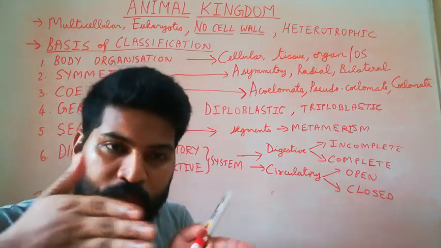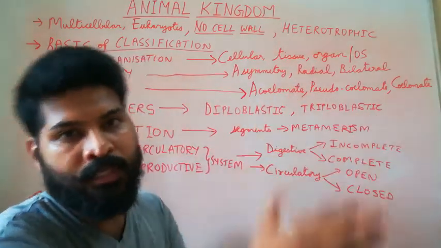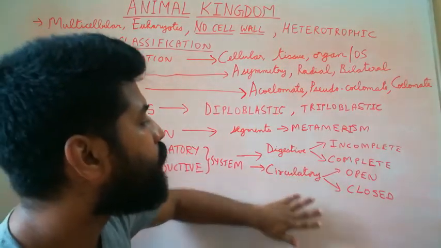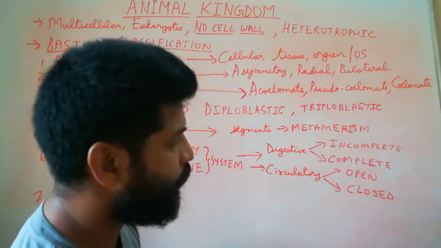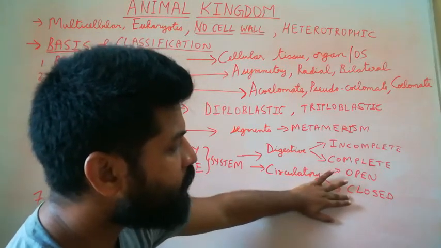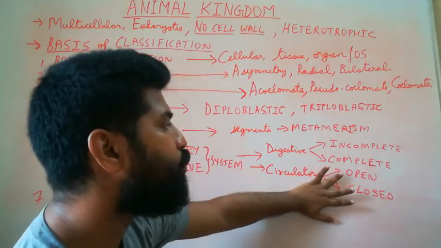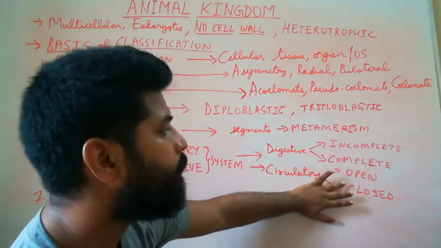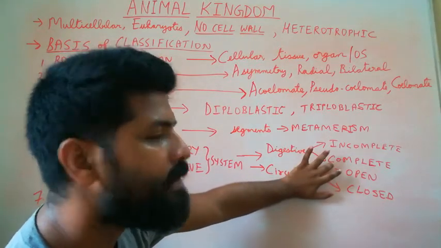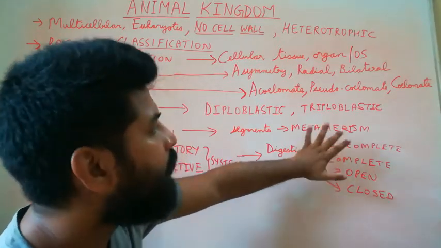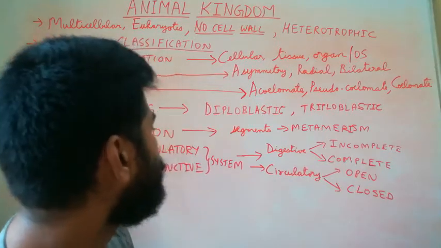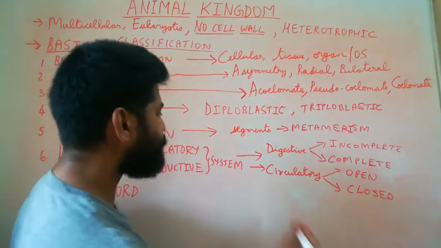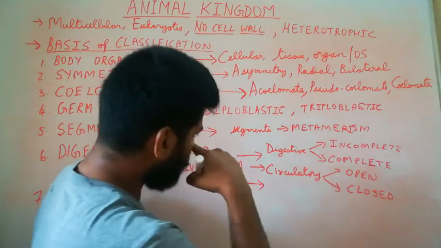So blood flows within tubes. That is what is called as a closed circulatory system. So a closed circulatory system is of course more advanced than an open one. A complete digestive system is more advanced than an incomplete digestive system.